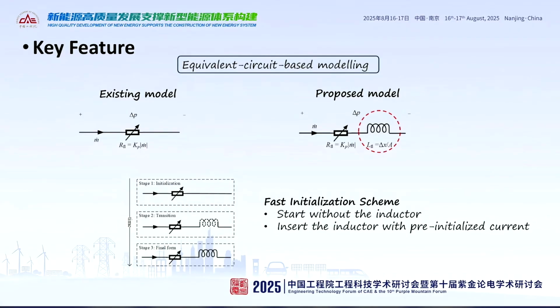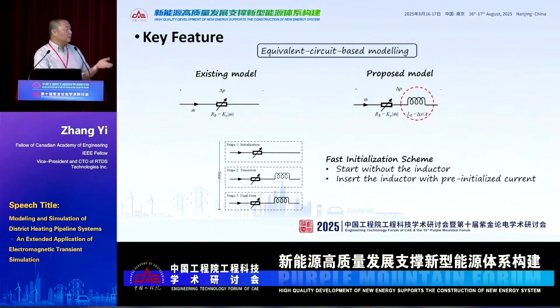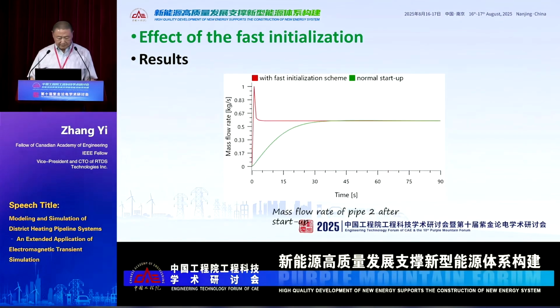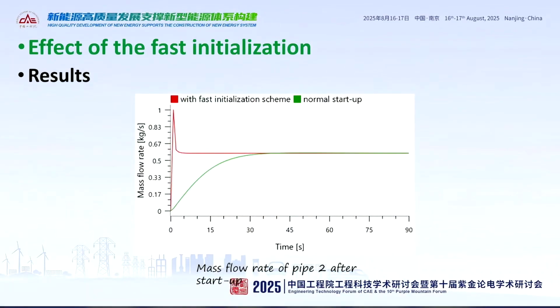Once the model has started, we can insert the inductor, and then we can see the dynamics. This is the fast initialization, where we bypass the inductor and thus the inertia.